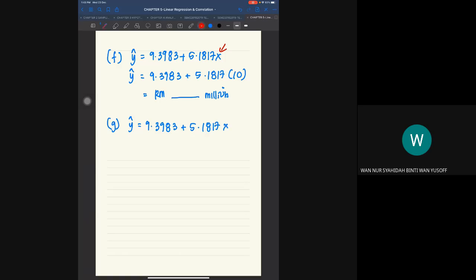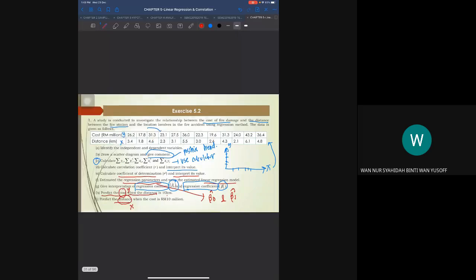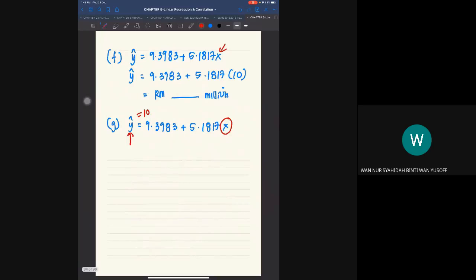So we need to predict the distance given y. So we need to substitute y here with the 10 million. So when we predict the x, there is some algebra here.